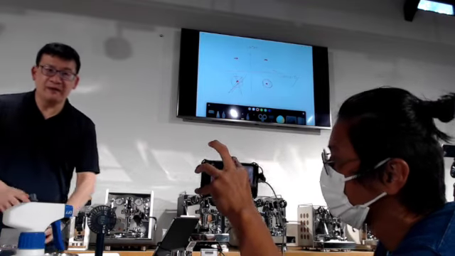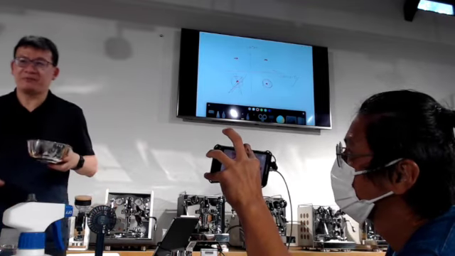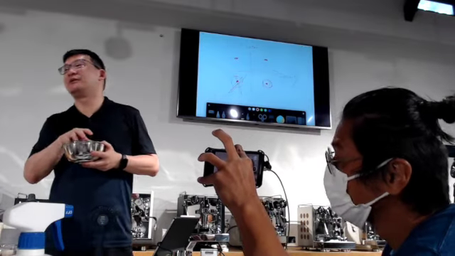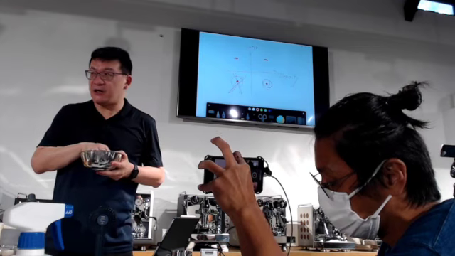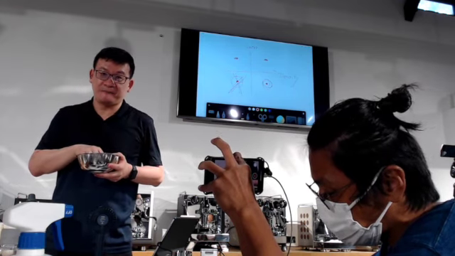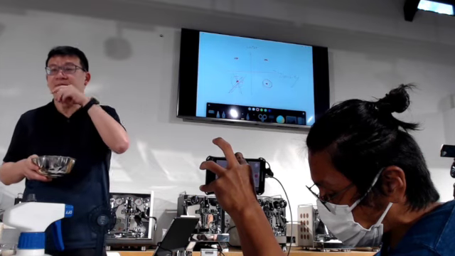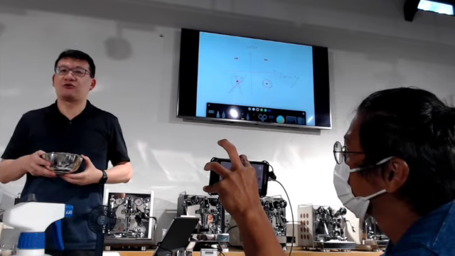So that's why for every bean, I need to know the bean size, the density, and the water content. At least these three. And I also need to know the process.